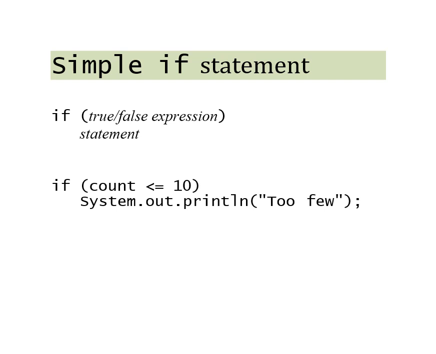So that expression would evaluate to true, and therefore the statement inside this if, the System.out.println of "too few", would be executed. So if count is 10, 9, 8, 7, 6, and so on, if count has any value that's less than or equal to 10, then you're going to print too few.